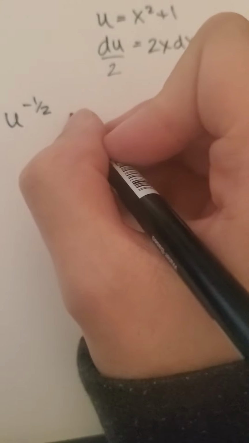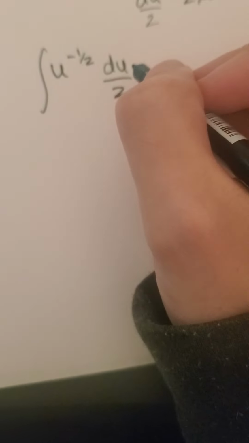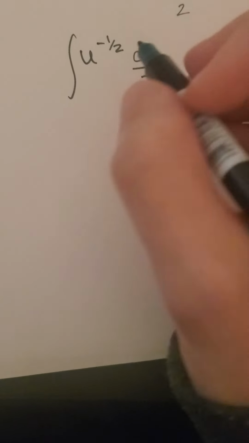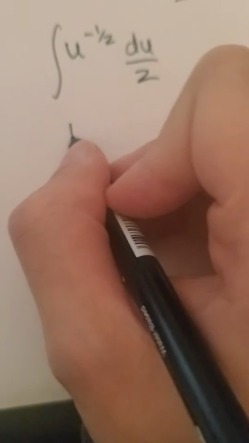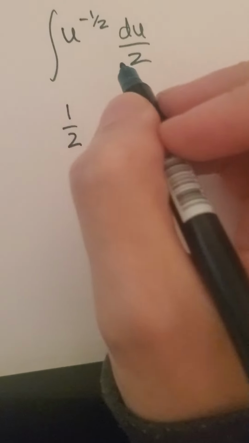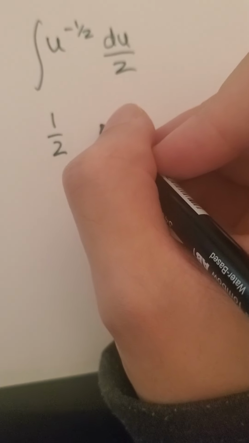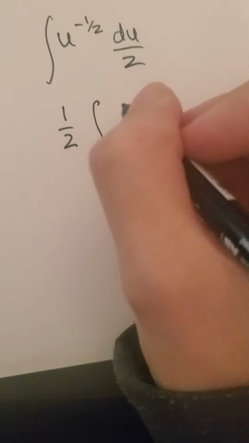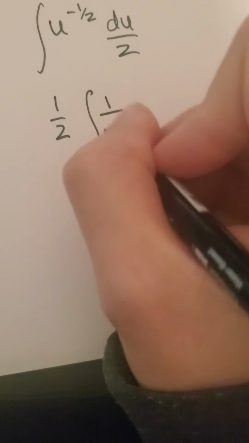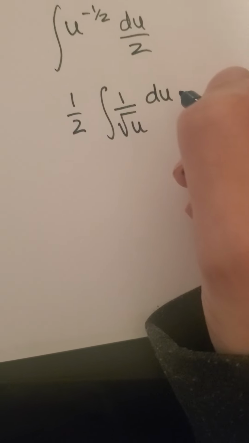So we actually have that du over 2. Cool, like that. We're still integrating, obviously. We can pull some things out. 1/2, great, because that's just a constant. And then we're just gonna get the integral of 1 over u du.